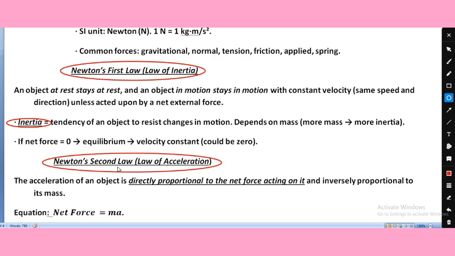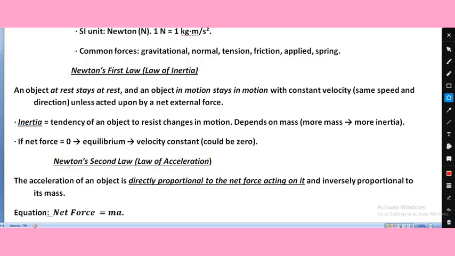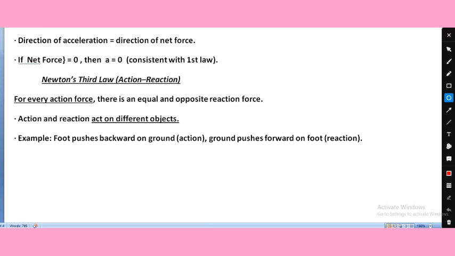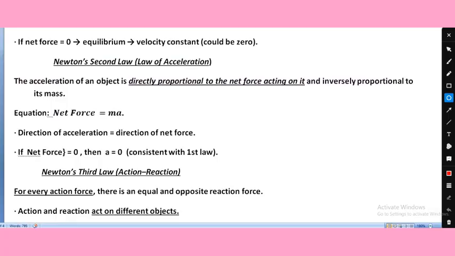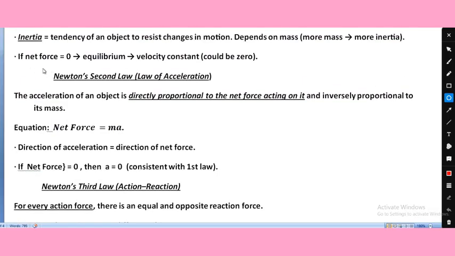When we come to Newton's second law of motion, the law of acceleration, the acceleration of a given object is directly related to the applied force.